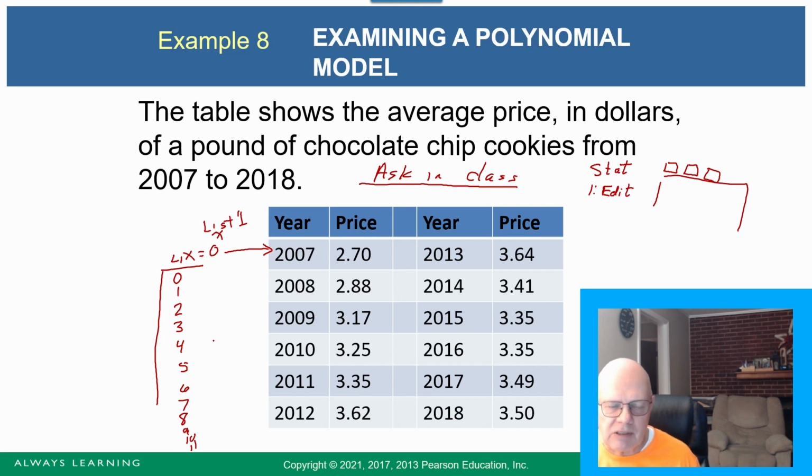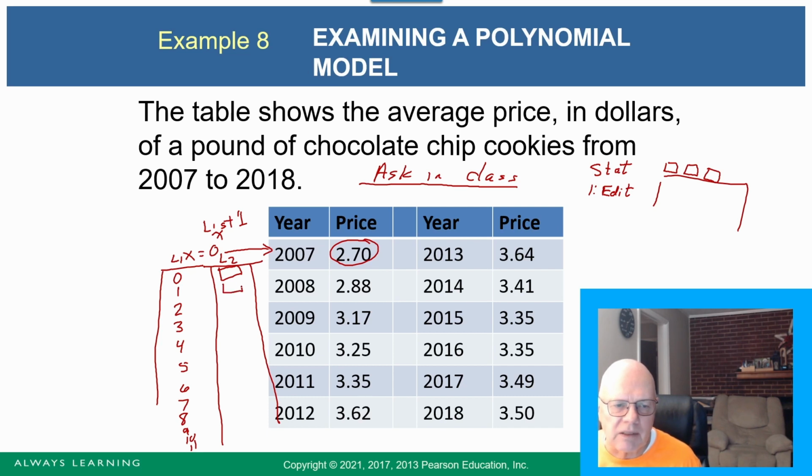Once you've got those in, double check, make sure you didn't make any silly errors. Cursor to the right to get to list number 2. List number 2, you're going to have to line up carefully. Right next to the 0, you want 2.7.